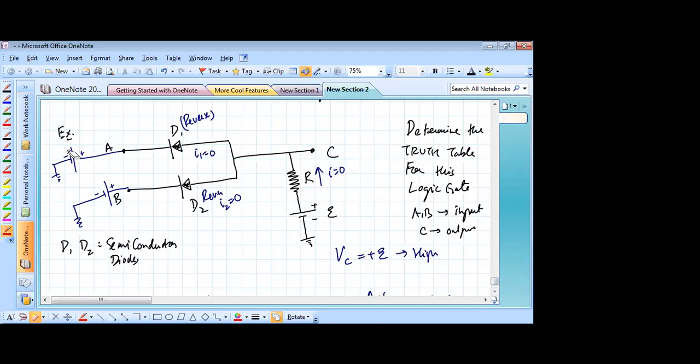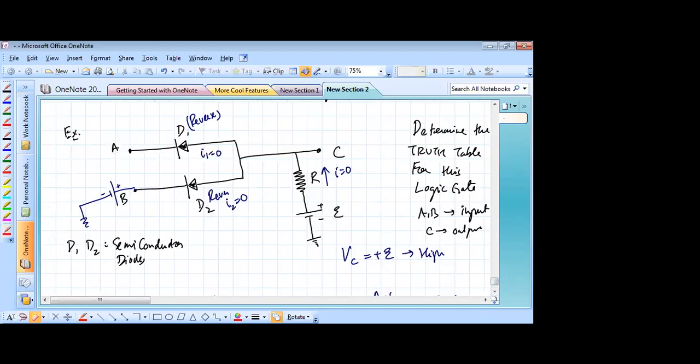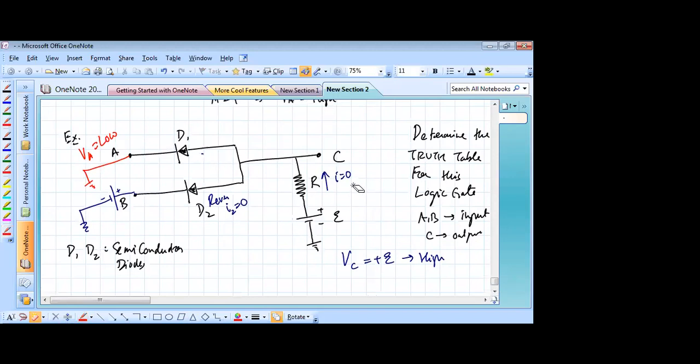Now next, let's see if I make one of them low voltage or ground. So next stage, what I do here is A is made low, or it is connected to ground. So VA is low. Now what happens? This becomes forward biased. The moment this becomes forward biased, there will be a current that flows. So there will be some current I1 going through this, which will be equal to this current I. And instead, the voltage of C will become E minus IR, which will become a low voltage.